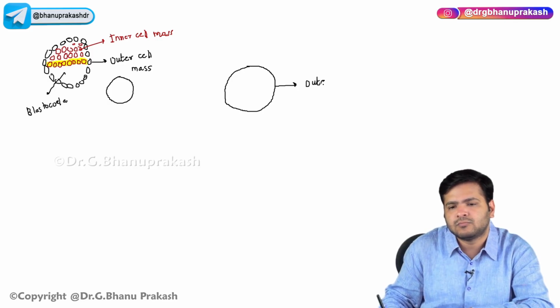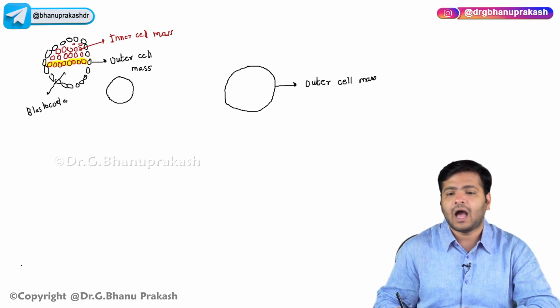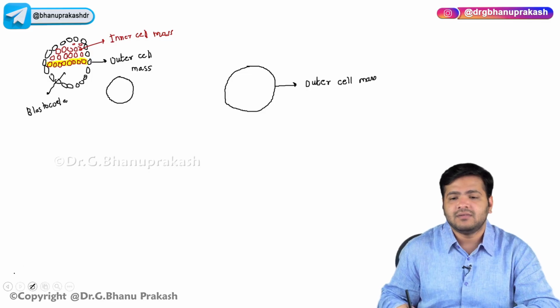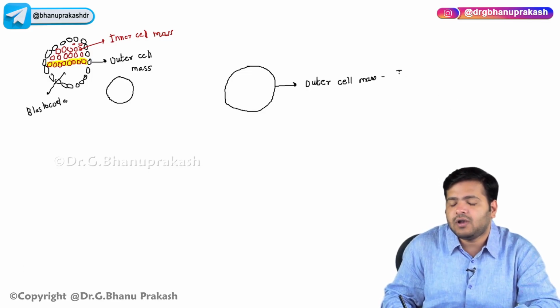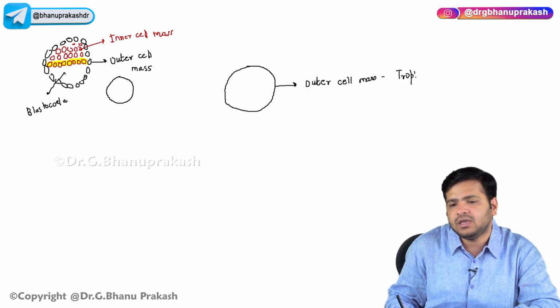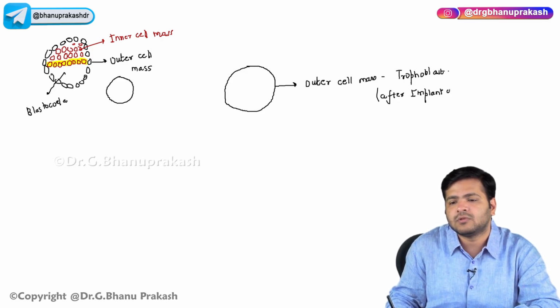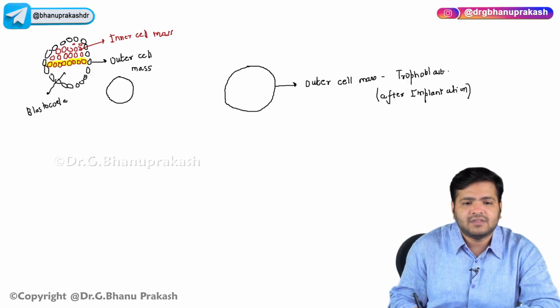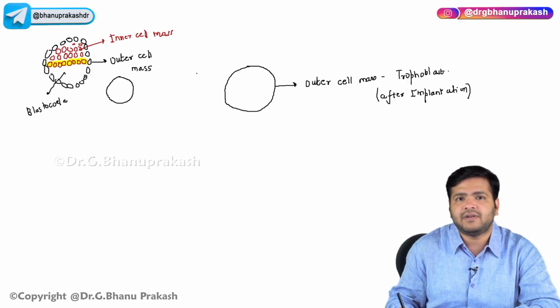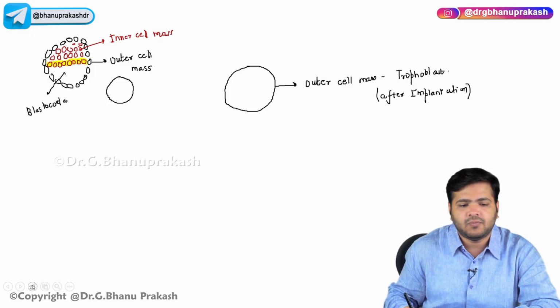This outer cell mass after implantation will now be called the trophoblast, right, after implantation. Now these cells have changed and this will give rise to the hypoblast.